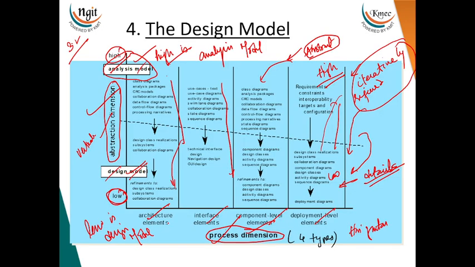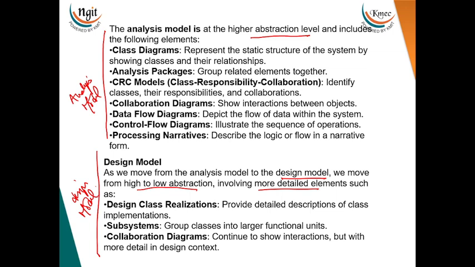This is what the architectural element, interface element, component level, and deployment level element are. Now this is the analyze model, and this is the design model. In the analyze model, a higher abstraction level is available.